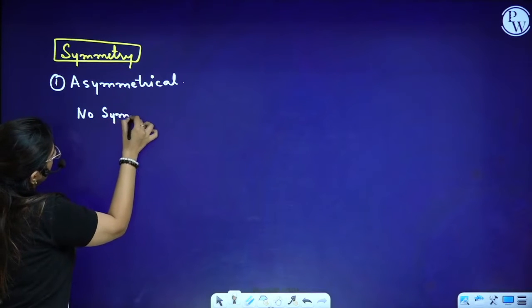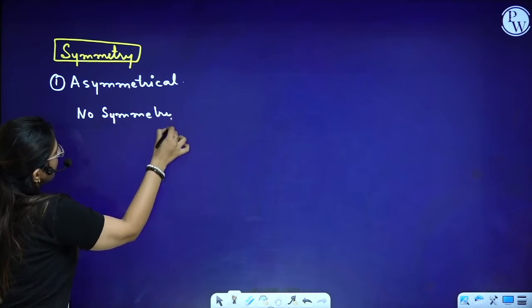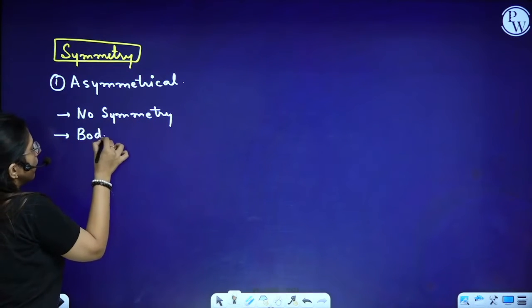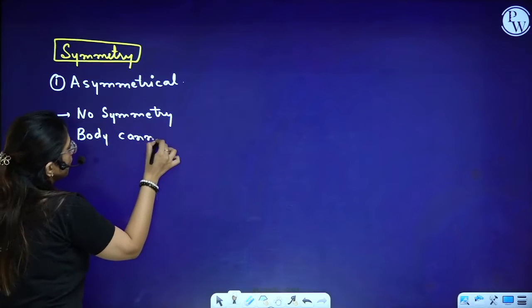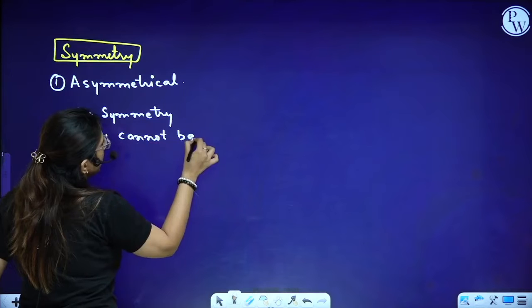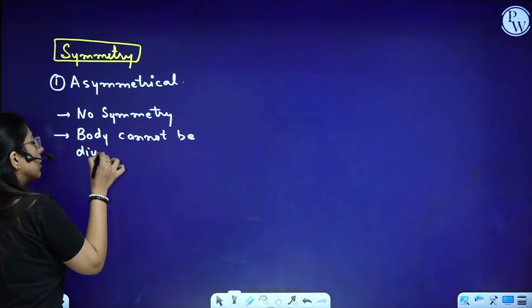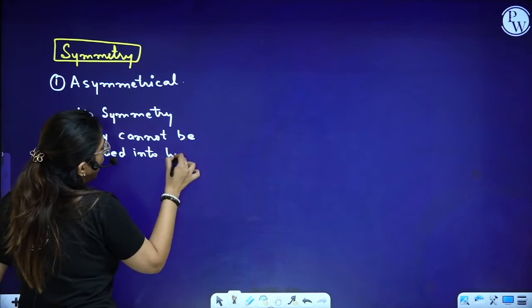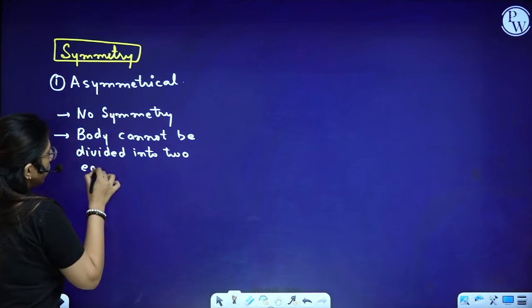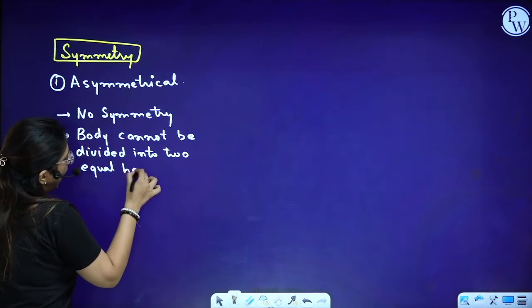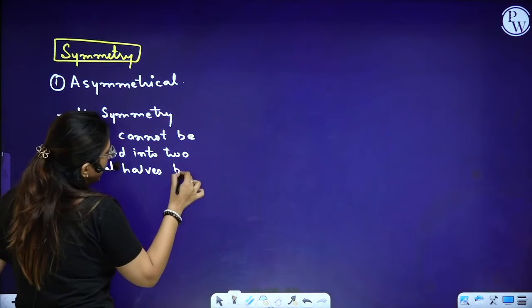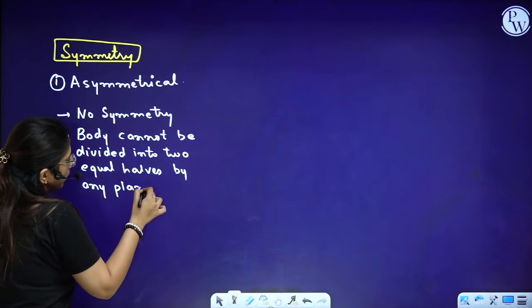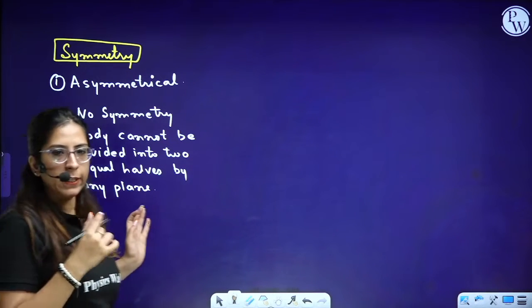Symmetry means the body cannot be divided into two equal halves by any plane. Any plane, right? For example, I'll show you.